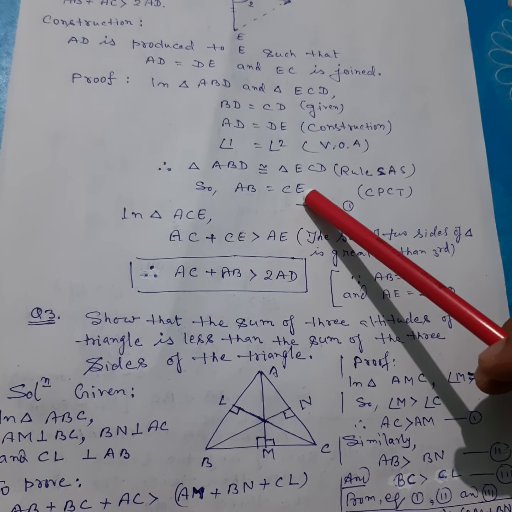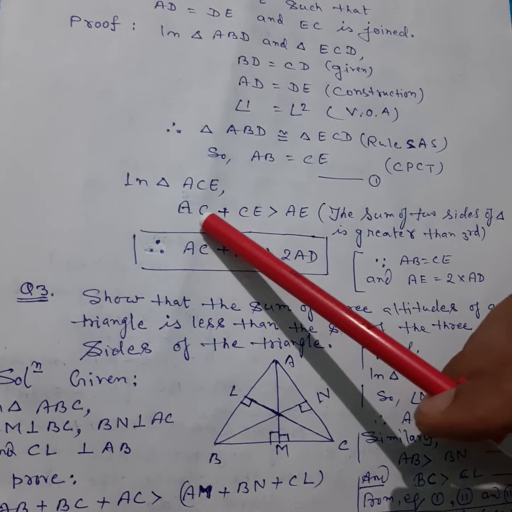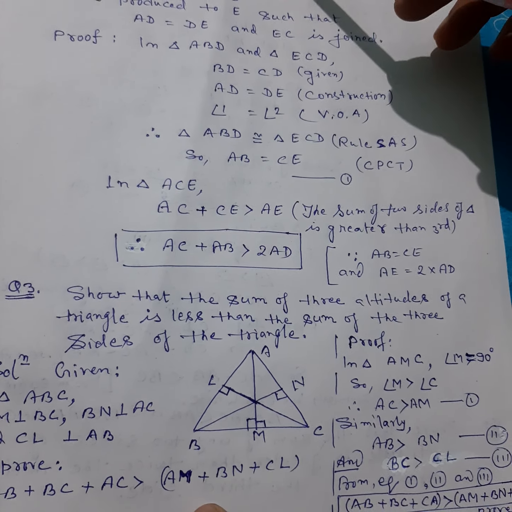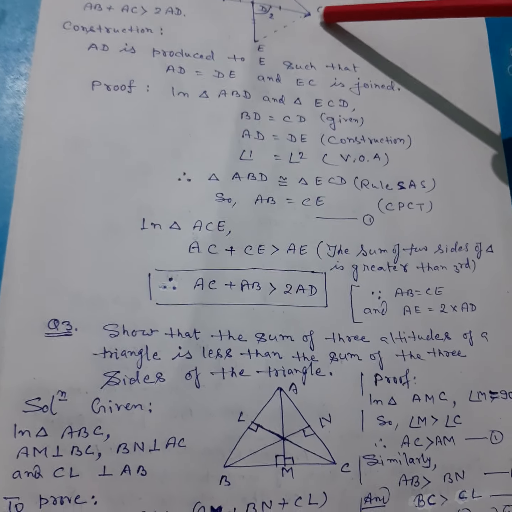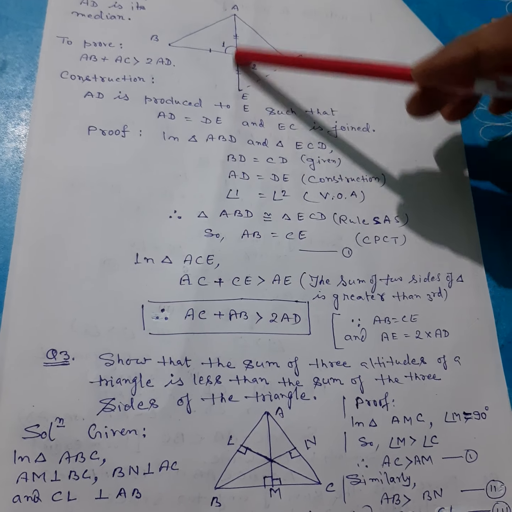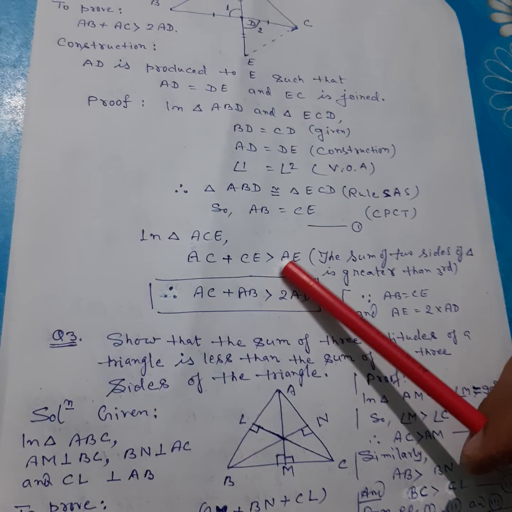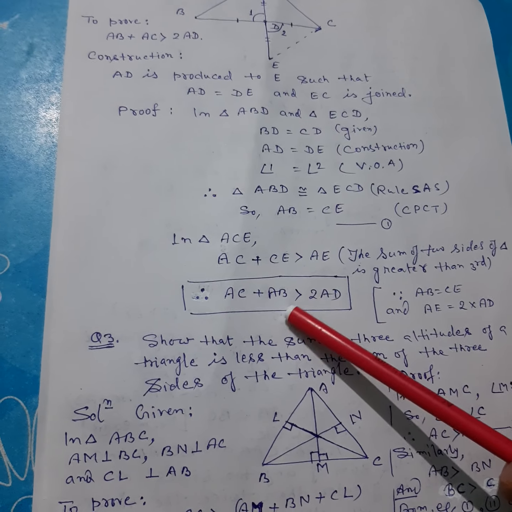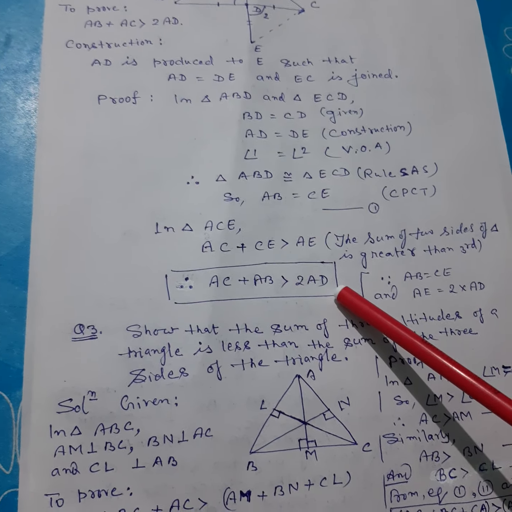So AB equals CE, equation 1, using CPCT. Now in triangle ACE, the sum of two sides, that is AC plus CE, is greater than AE.